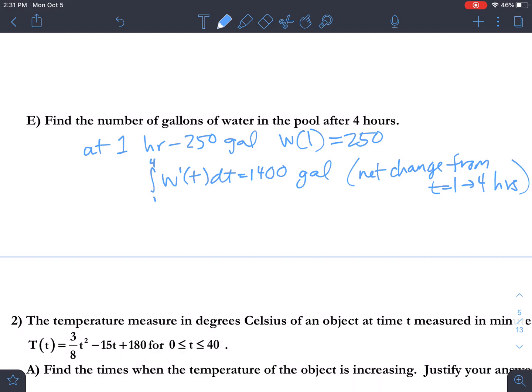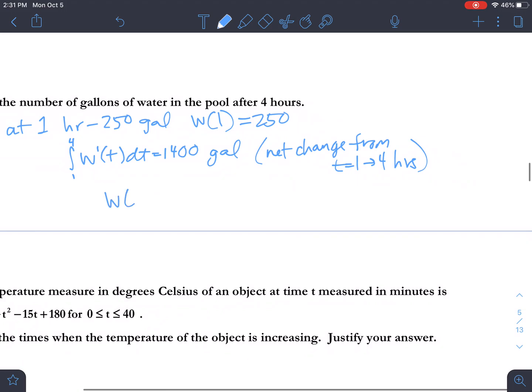So I want you guys to think, if I started out with 250 gallons and I added 1,400, it's as easy as that. We're going to do W of 1, what happened between 0 and 1 hours, we had 250 gallons, plus what happened from 1 to 4. And that's going to give us what happened from 0 to 4.